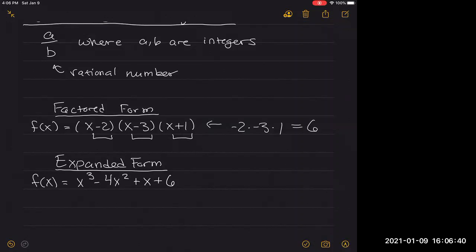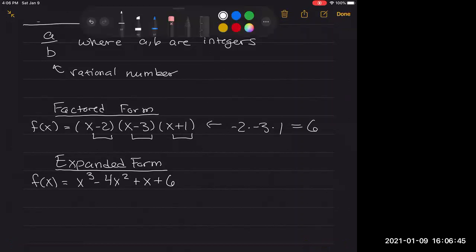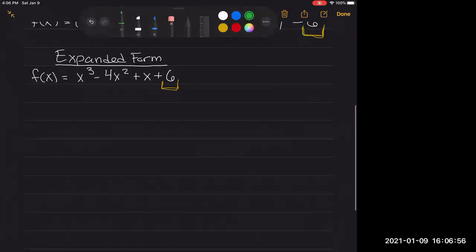And this matches our 6 here. So that's a key observation to have. So with this key observation, we will get our rational zeros theorem.